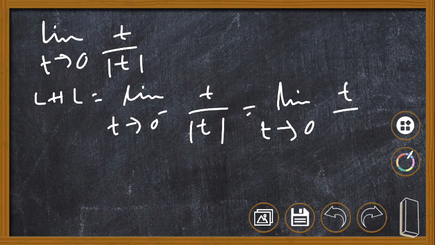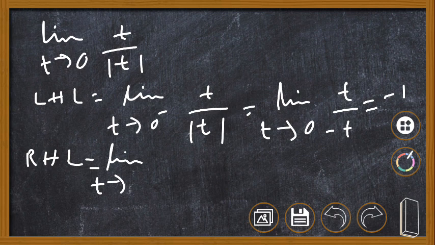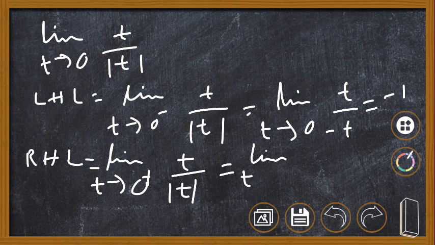When t tends to 0 minus, we get negative values of t, and mod t will give you minus t, so it will give you minus 1. Then RHL will be limit t tends to 0 plus, t divided by mod t. At 0 plus, mod t will give you plus t, so t by t will be 1.